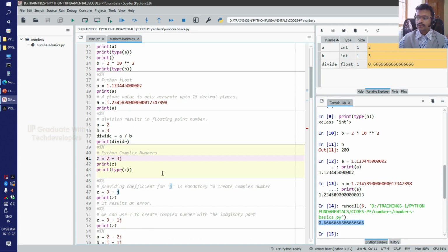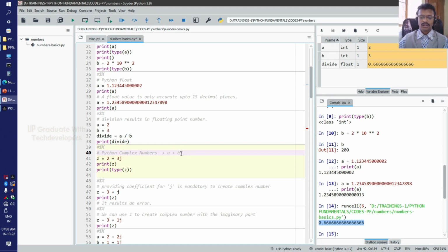In Python, a complex number is made up of real and imaginary parts, and this is true in real mathematics also. Complex numbers are represented as a plus b and then the term j.